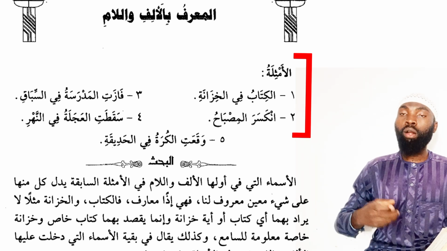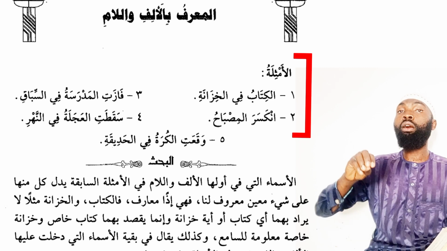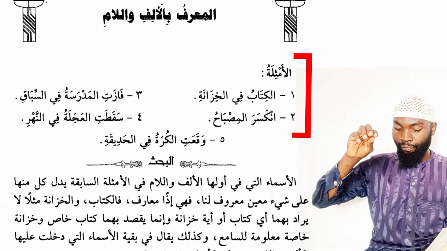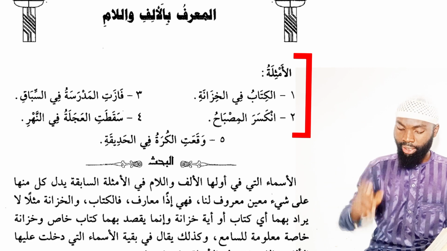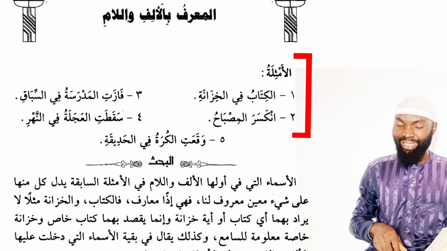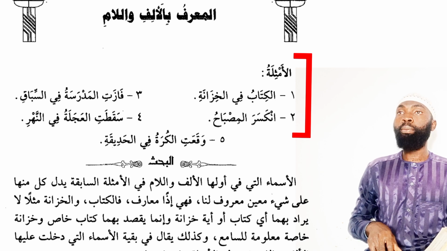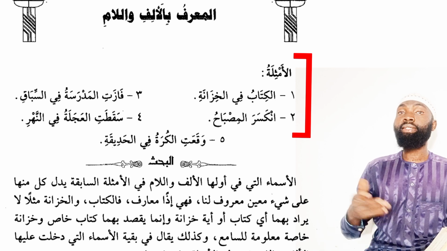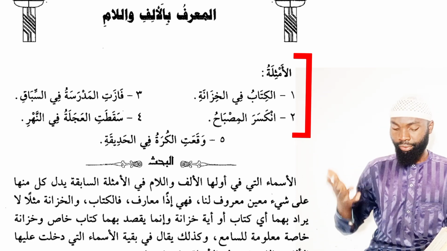Number four, we have waqa'atil qurratu fil hadiqati. The ball fell into the garden. Now we have fazatil madrasatu fi sibaqi. The school won, or came victorious, in the competition.